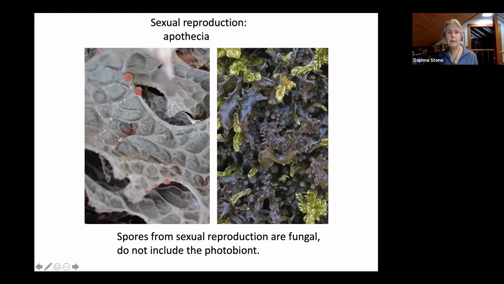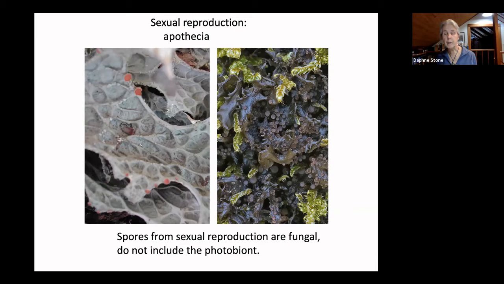And here's an example of apothecia on that jelly lichen. So in that fruiting surface, small sacs form called asci, and in those asci are usually 8 spores. And the spores, being completely fungal matter, then are pushed out into the air and blow away and land somewhere, and they have to find an alga or a photobiont before they can grow into a new lichen.